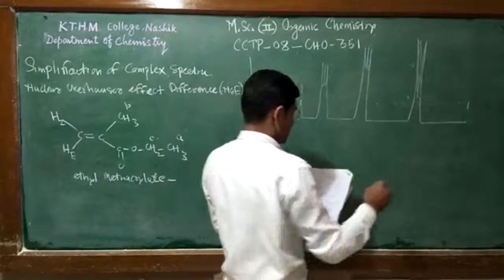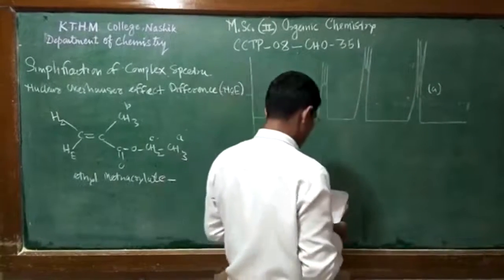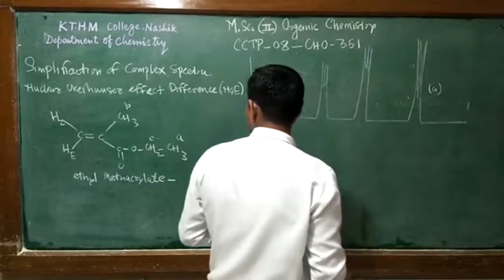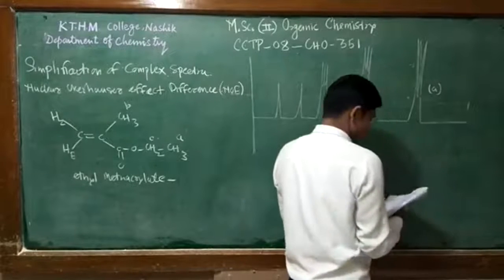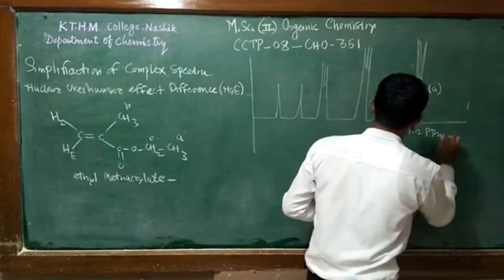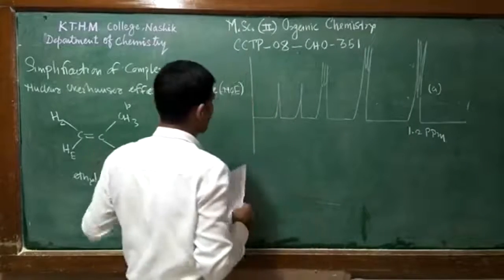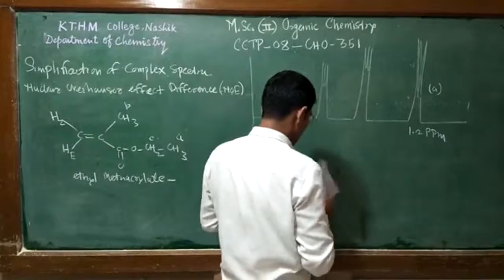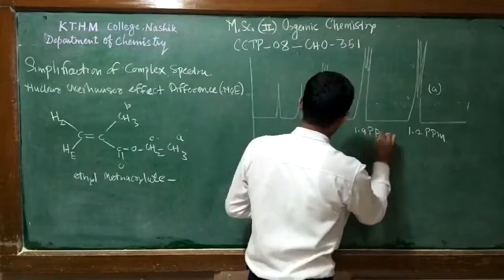So here this proton A, the methyl protons, appears at a value of nearly 1.2 ppm. Then proton B, which is attached to the carbon-carbon double bond, shows the value 1.9 ppm.